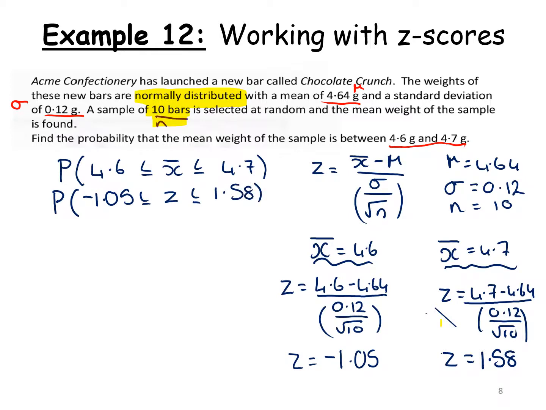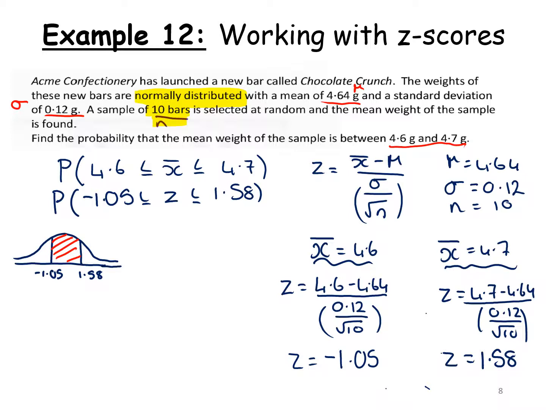Now, I'm very much a fan of drawing this out, to get a sense of what's going on, your normal distribution. So just a rough sketch. So here's my normal distribution. We have here in the center, so here is about minus 1.05, and about here is 1.58, and we're trying to find this piece in the middle.